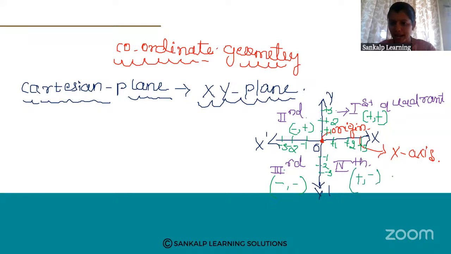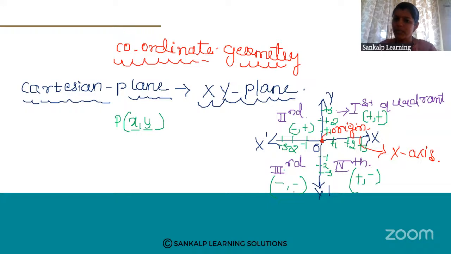Always write the x value first and the y value next, that's why coordinates are (x, y). If we name a point P, then P(x, y). Therefore the signs are plus plus, minus plus, minus minus, and plus minus.